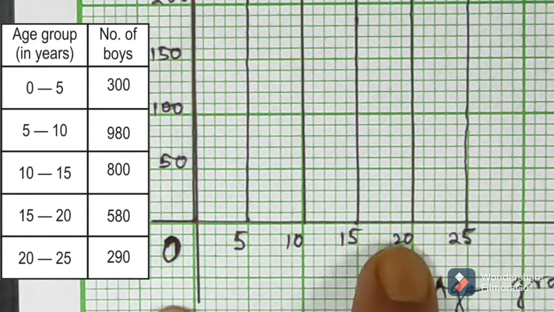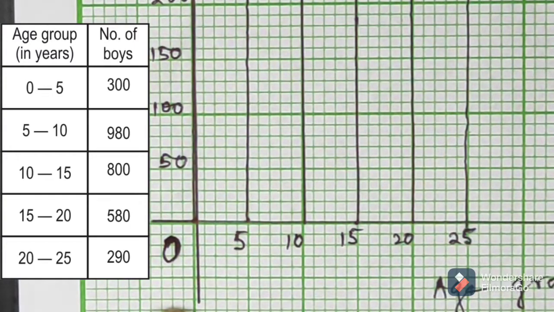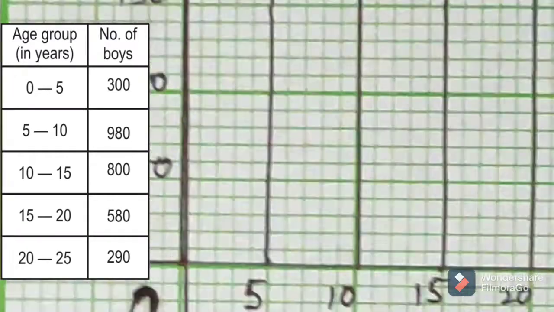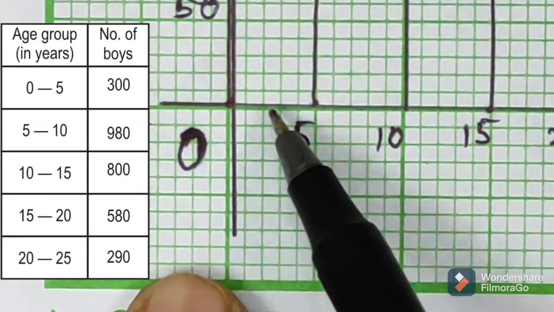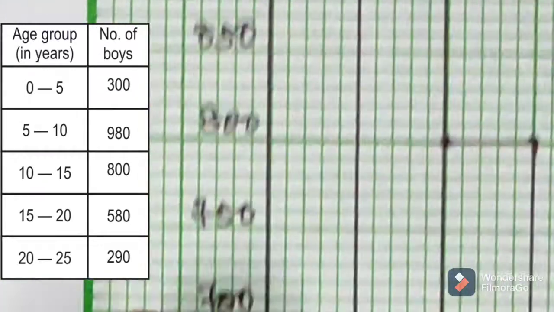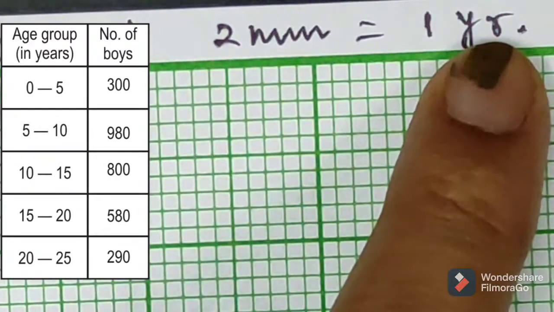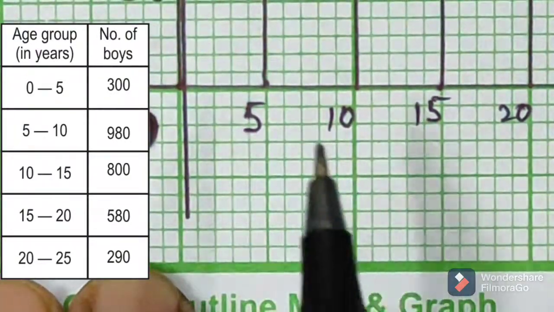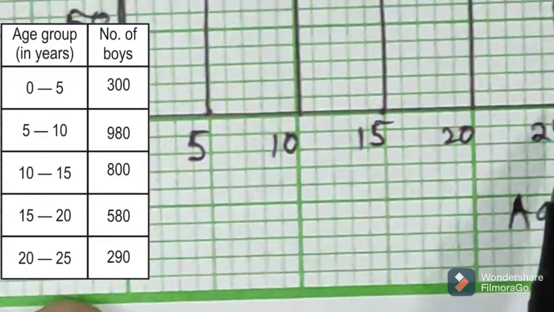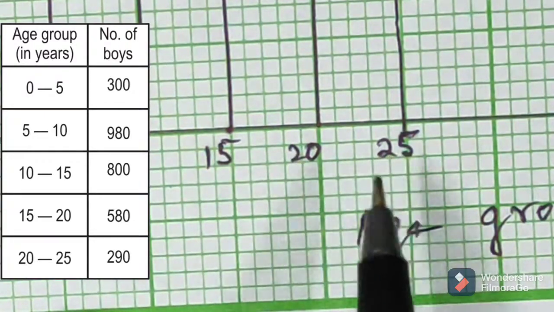Every 5 divisions has been marked here, that is every small division, every 2 millimeter, is 1 year. I have written at the top, along x-axis 2 millimeter is 1 year. So every 2 millimeter has been taken as 1 year, because only 25 are there. So it is 5, 10, 15, 20, 25.